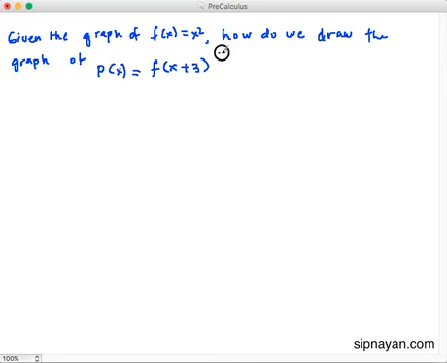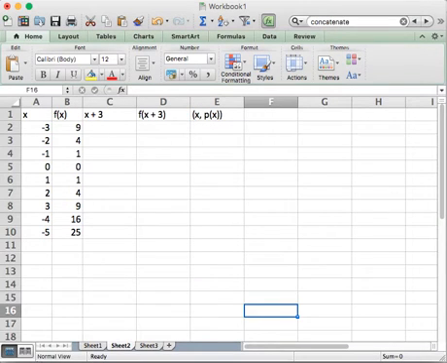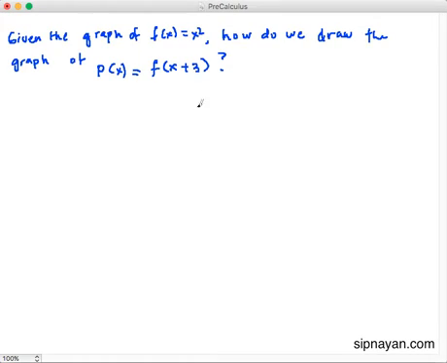Okay, so how do we graph? How is this graph related to the graph of this function? So again, we plot. At bago tayo mag-plot ng points, kukunin muna natin yung mga coordinates. So again, we have the x and f of x. And since x plus 3 yun, kukunin muna natin yung value ng x plus 3, di ba?